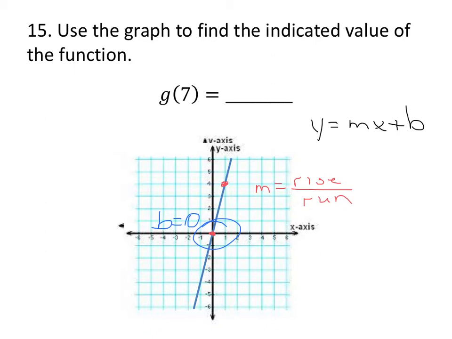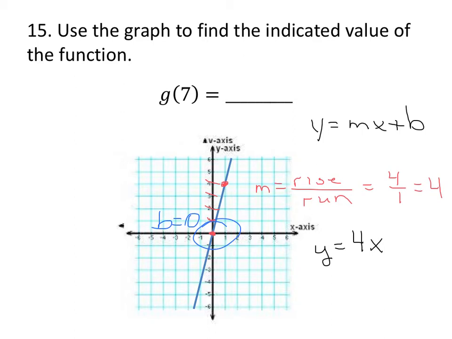And we can just count up 1, 2, 3, 4, and over 1. So that gives us 4 over 1, or 4. And it's a positive slope because it's going uphill from left to right. So we now know that y equals 4x plus 0, so we can just leave that part off.